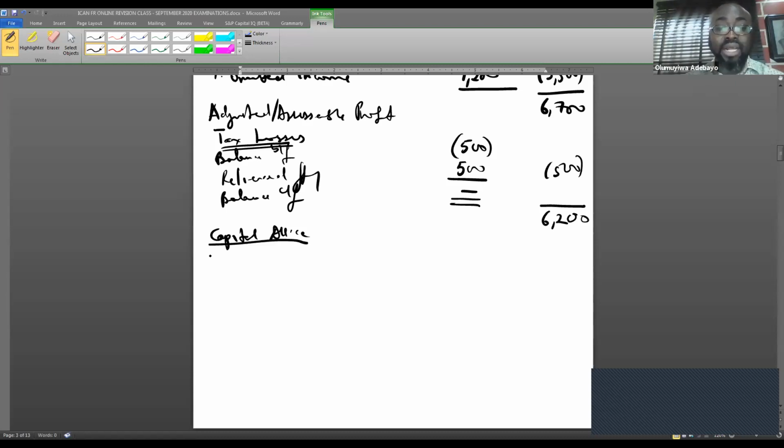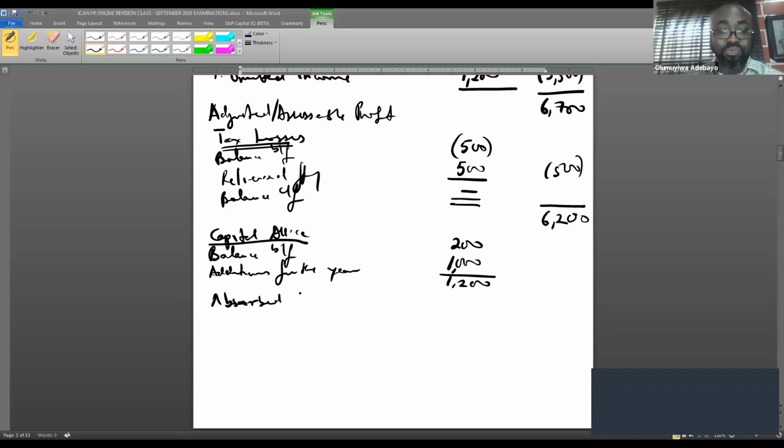Now, capital allowance also, you might not have absorbed all the balance last year. Therefore, any portion brought forward, let's assume we brought forward 200 from last year. Our additions for the year, let's say it is 1,000. That gives me 1,200, which means I have enough profit sufficient to absorb this 1,200.